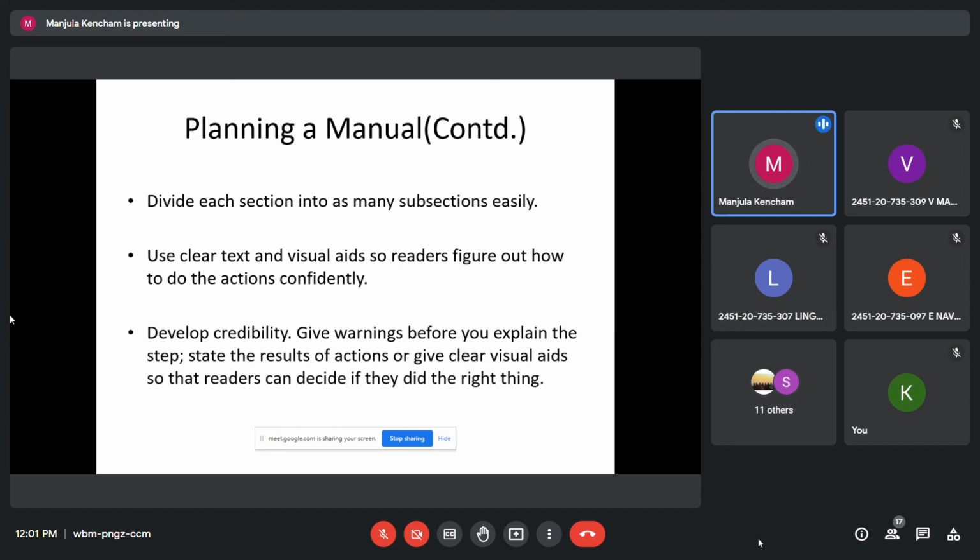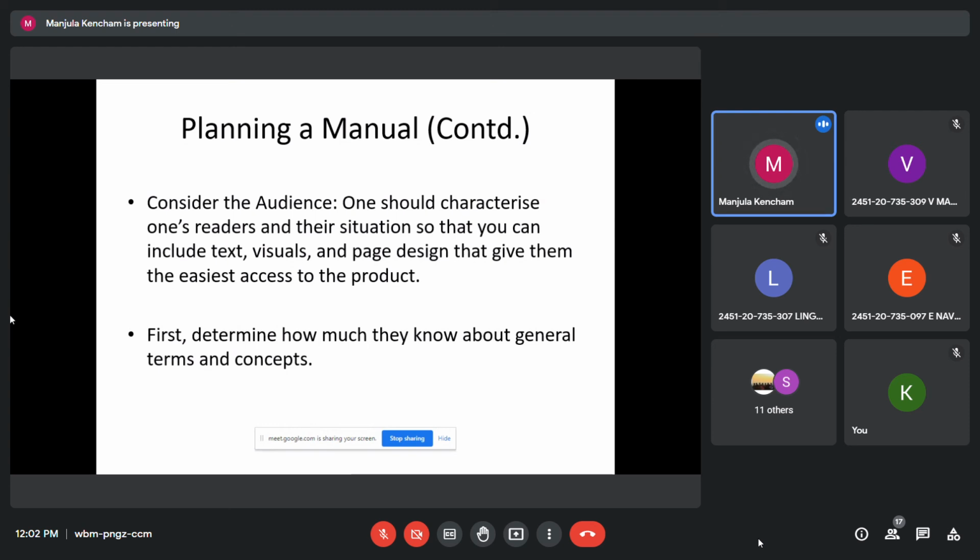Each and every step can be broken down into subsequent steps for the sake of convenience and understanding. So to supply all this information in a very effective manner, people think of using visual aids, pictures, diagrams, schematic representations, component-wise schematic representations, where people could work at their own pace to fit it properly and start using the equipment.